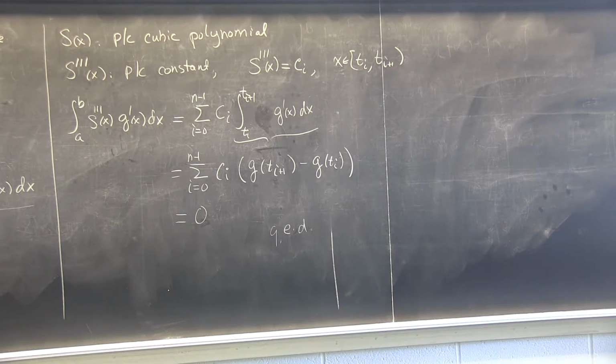So if you're familiar with the concept of inner product, this is an inner product. You multiply two functions and integrate from a to b, that is an inner product. Okay. So if this is an inner product, what it says is that the error, the distance between the cubic spline and the function, is orthogonal to the cubic spline, measured in this inner product.